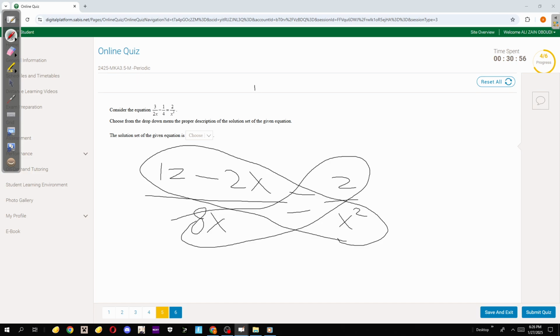You end up with 12x squared minus 2x cubed plus 16x. You rearrange it in, I think it's called standard form, to get negative 2x cubed plus 12x squared plus 16x.